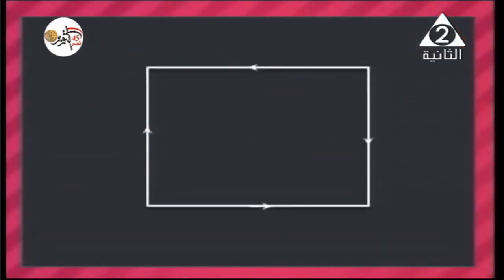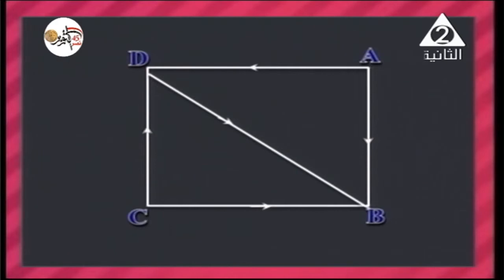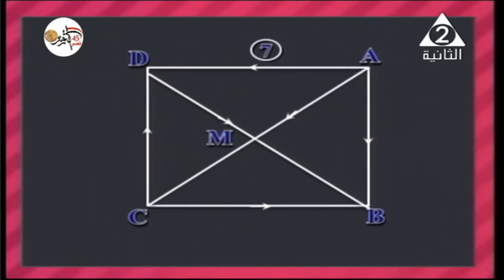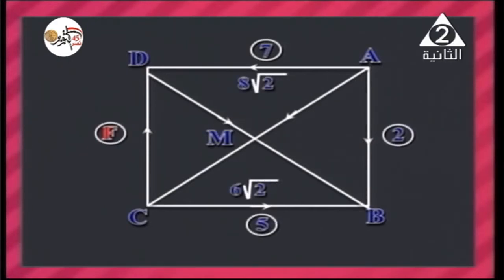Solution. Look, my dear student, we have the square ABCD. Look at the forces: the force 2 acts in direction AB, 5 in CB, F in CD, and 8 root 2 in AD. The square's side length is 8 centimeter.